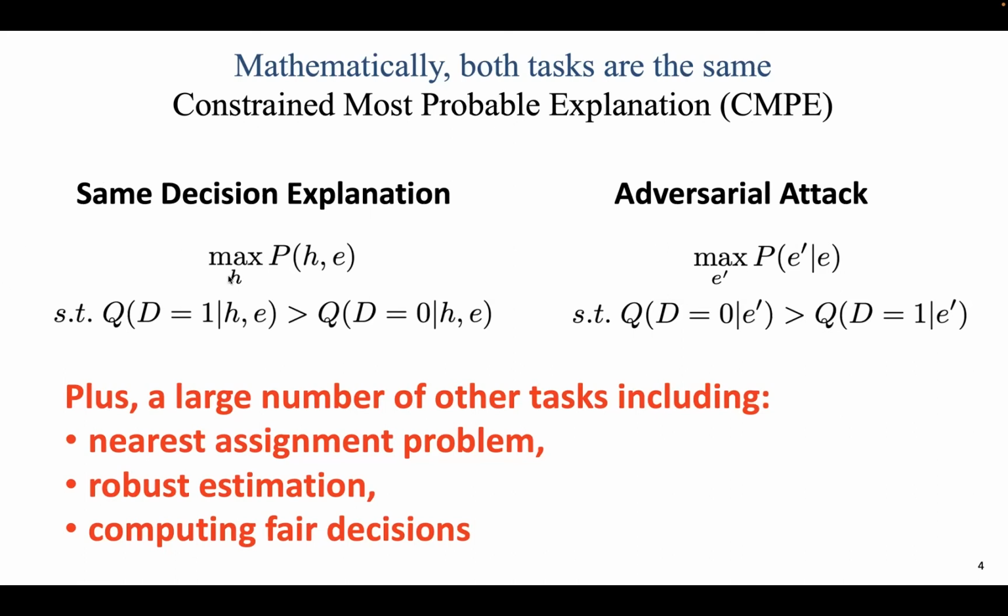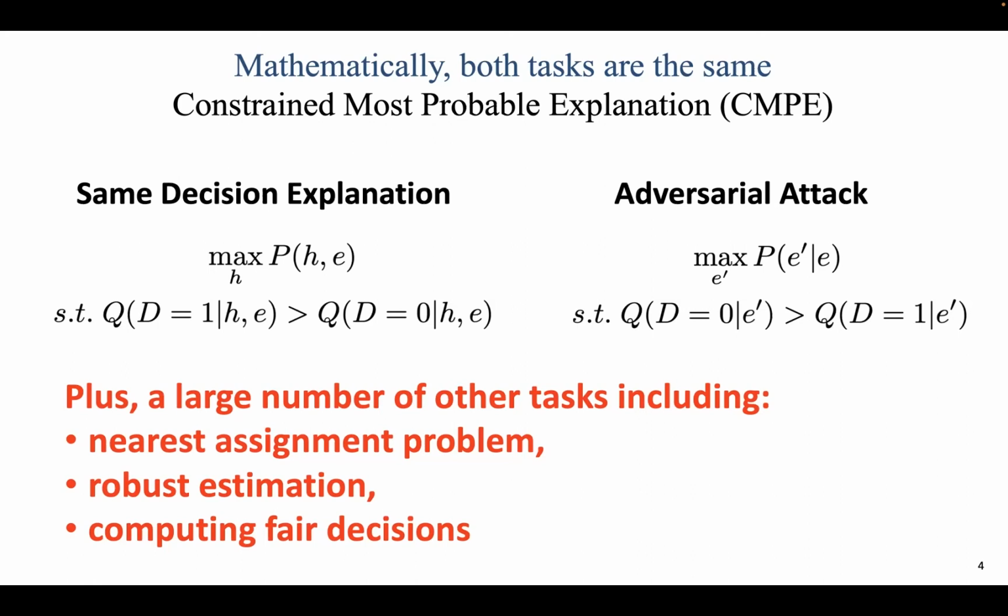So the probability of Q outputting D equals 1 is higher than the probability of Q outputting D equals 0 when the image is completed using H. The second task can also be written down as a constraint optimization task, which is to find this semantically similar image E prime such that the decision made by Q is flipped. Because this is an attack, the original decision, let's say, was 1, and now we want to change the image to E prime such that the decision changes from 1 to 0. So the probability of D equals 0 is now higher than D equals 1.